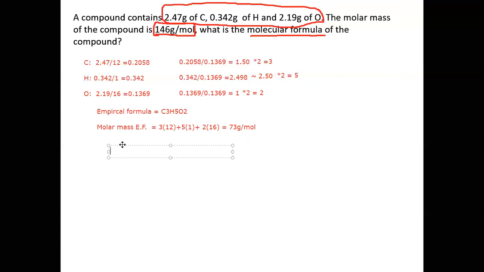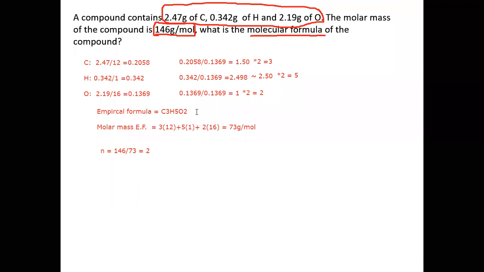We get the ratio by taking the molar mass of the molecular formula and dividing it by the molar mass of the empirical formula. And so we get an N of 2. So again, we multiply everything by 2 to make them whole numbers, because you can't have decimals in formulas.